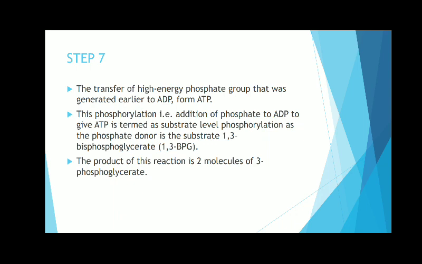The product of this reaction is two molecules of 3 phosphoglycerate. Means at the end of this reaction we get as a product two molecules of 3 phosphoglycerate.